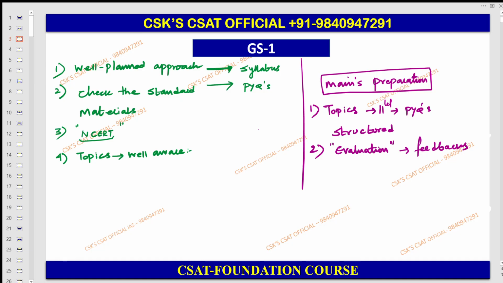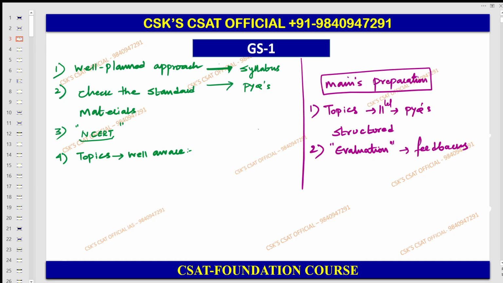And after this, when you have some good knowledge, you can approach the PYQs and start writing PYQs, and later on you can take other institutions' papers also and work on that.